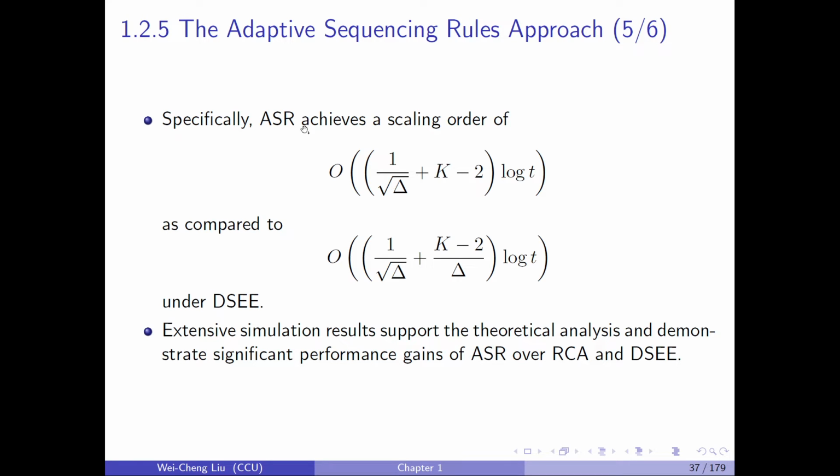Specifically, ASR achieves a scaling order of big O of 1 over the square root of delta plus k minus 2 times log T, as compared to big O of 1 over the square root of delta plus k minus 2 over delta times log T under DSEE.